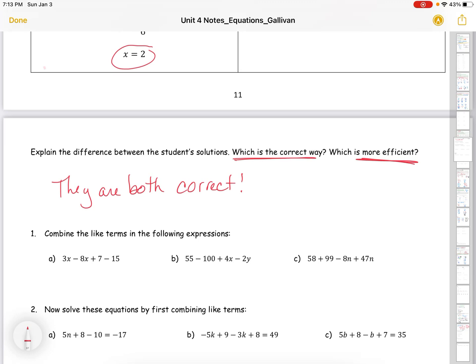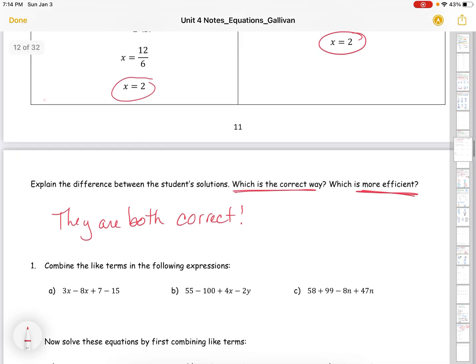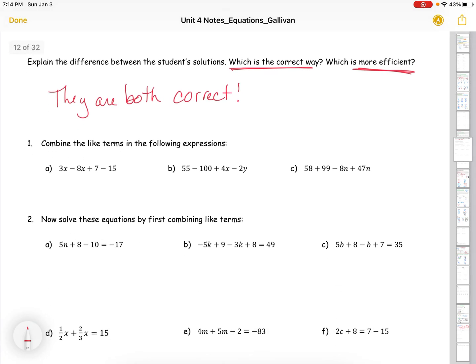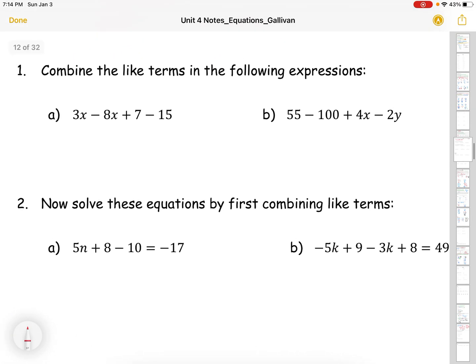If you like to get rid of them as soon as possible, you might choose to do the eliminating them by multiplying by the lowest common denominator. Certainly, it cleans things up a lot. Okay? Now, a lot of what this is, I think of the combining like terms as housekeeping. So you are cleaning things up before you start approaching the problem. Okay? So let's do a little warm-up just to combine our like terms.